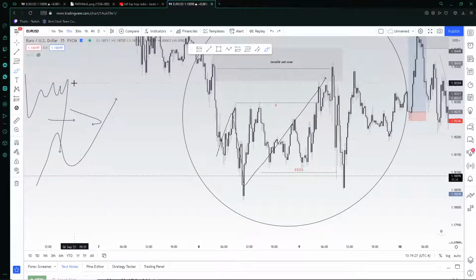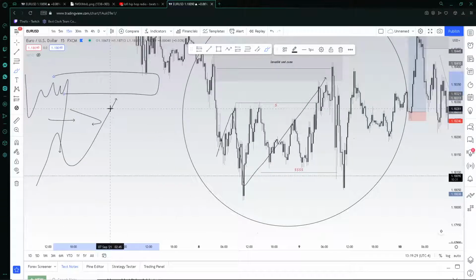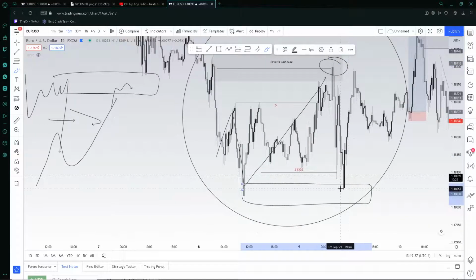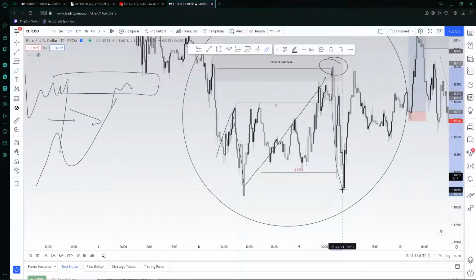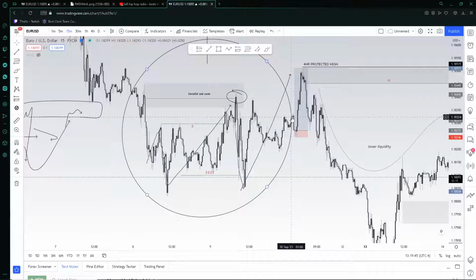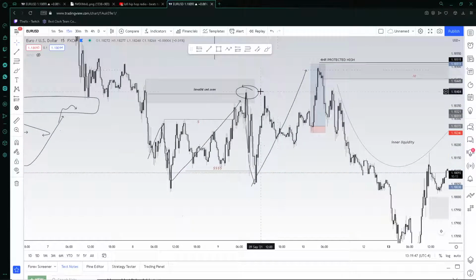But guess what? We tapped the invalid zone right here and came to run all the liquidity without breaking anything. So you can still be a participant in shorting this to target this liquidity before going significantly higher. It's happening across all time frames. This is what I want to talk about with you.